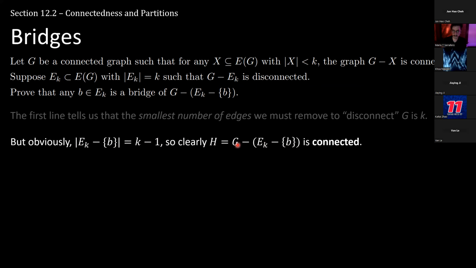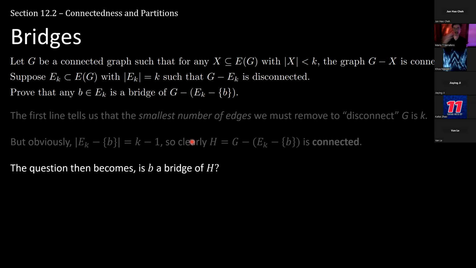So if I take this set away from G and call the result H, I'm taking away k minus 1 edges. And I need at least k edges to potentially ever get a disconnected graph. So H must be connected because I haven't taken away k edges. I took away k minus 1 edges.